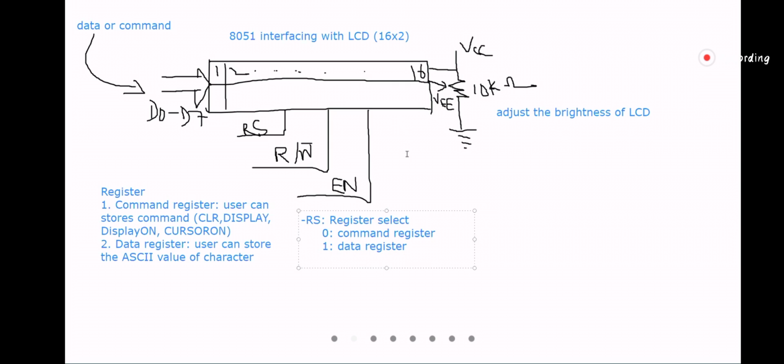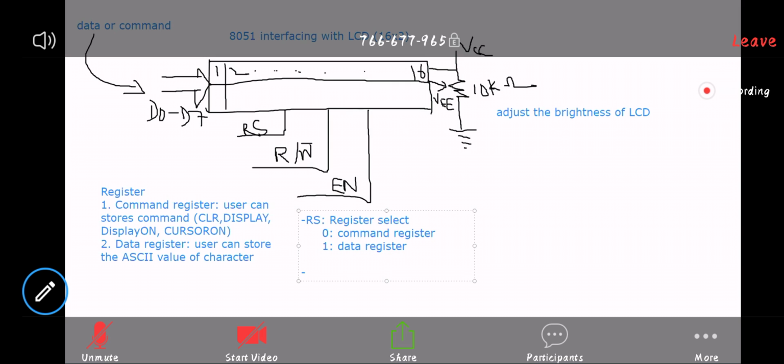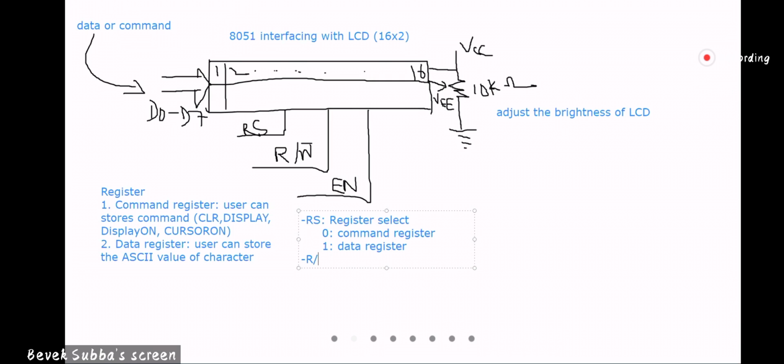Next one, R/W bar. The purpose of this pin is read and write. It is active low.